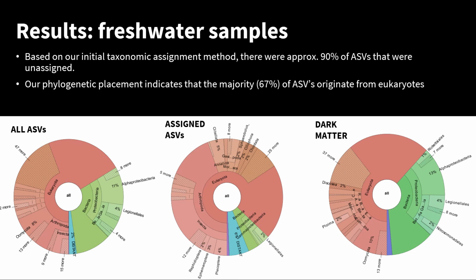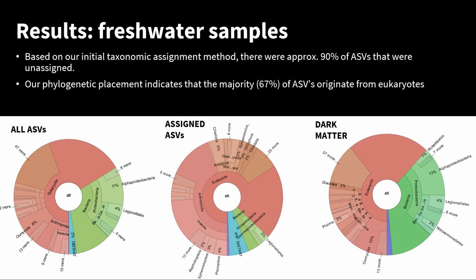In this third figure for the freshwater samples, if we look at the proportion of ASVs belonging to each domain for our unassigned sequences, or our dark matter, we see a similar pattern to all of our ASVs in the freshwater dataset, where the majority of ASVs are eukaryotic in origin, followed by bacterial placements.